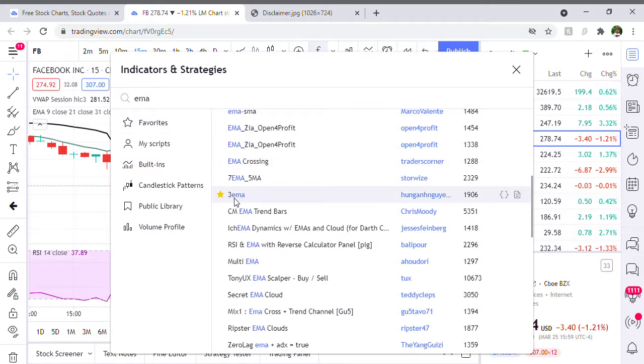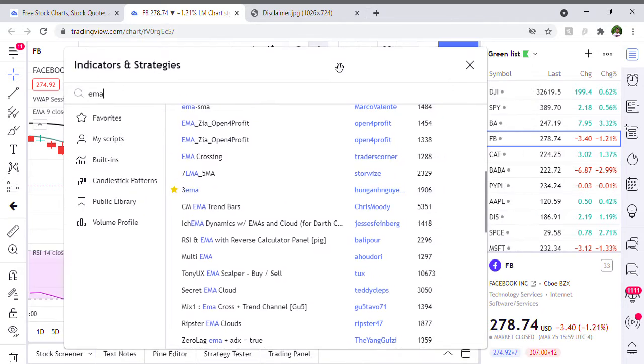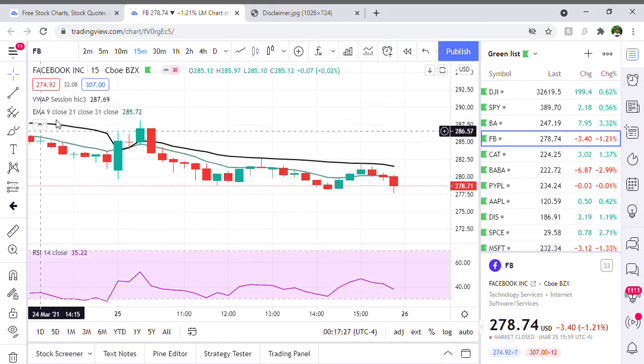As you can see, the EMA is in all lowercase letters, and it is posted by Hangen Hinge. Hangen Hinge is some Chinese name, it seems. So this particular one you should select and add on your chart. So I have added that.